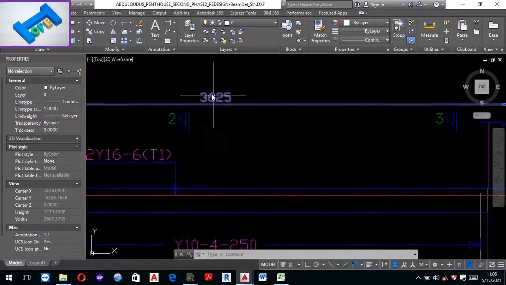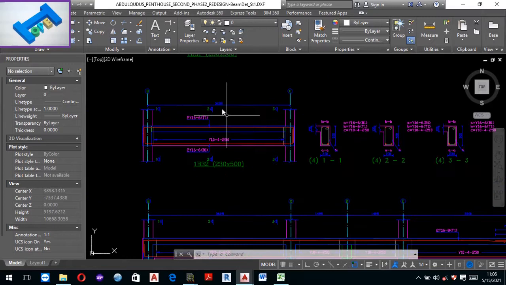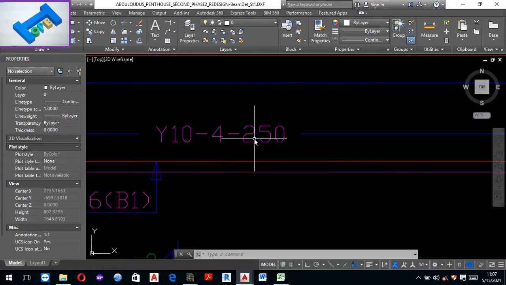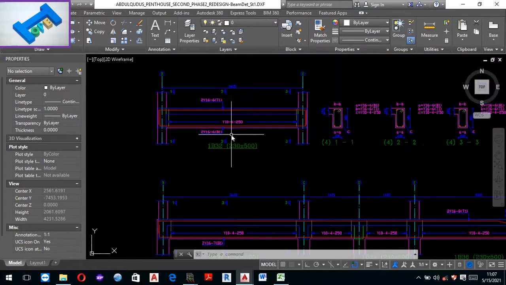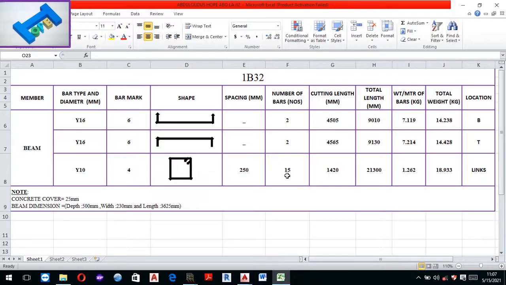Deducting it from the total length, 3625 minus 50 gives us 3575, and that will be divided by its spacing. 3575 divided by 250 gives us 14.3. As regards detailing schedule, we have to deal with significant figures. For links, you have to approximate the 14.3 up to the next whole number, and as a result we resorted to 15 bars.